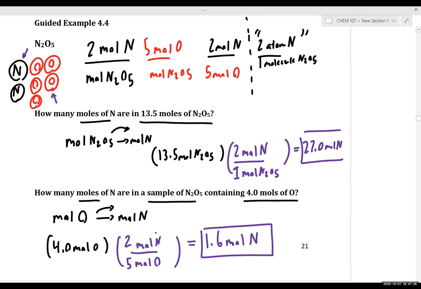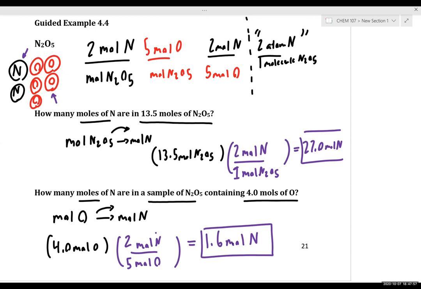How many moles of nitrogen are in this containing 4 moles of oxygen? Okay, so moles of oxygen, you're going to go to moles of nitrogen. Does this make sense to everyone? Any other questions that I can address?